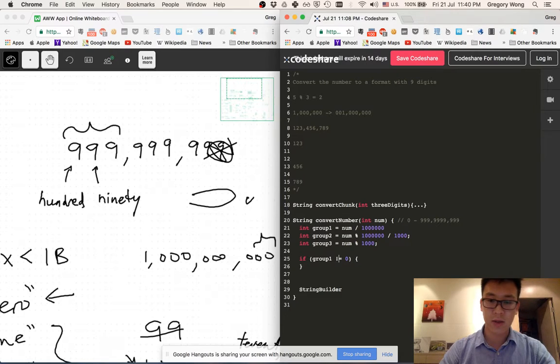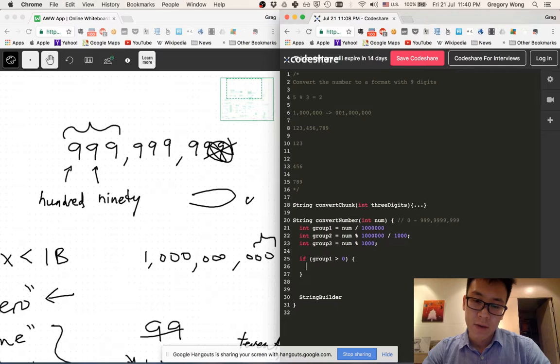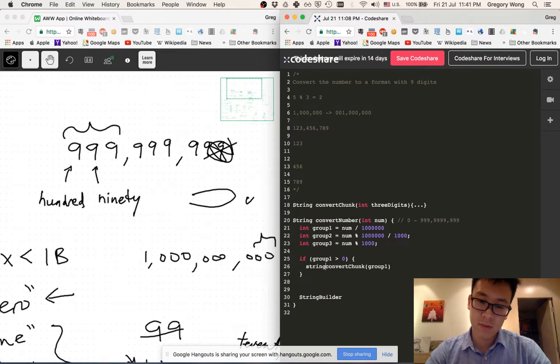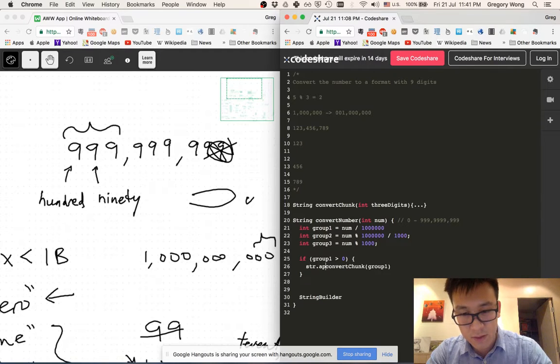If group 1 is not equal to 0, then we want to convertChunk group 1. So this is actually a string builder, dot append. So it's sort of laggy.